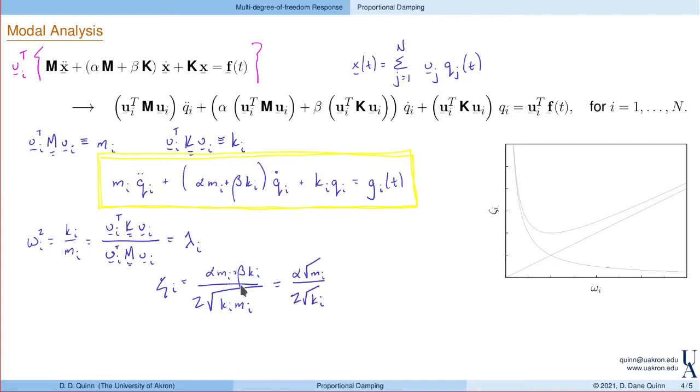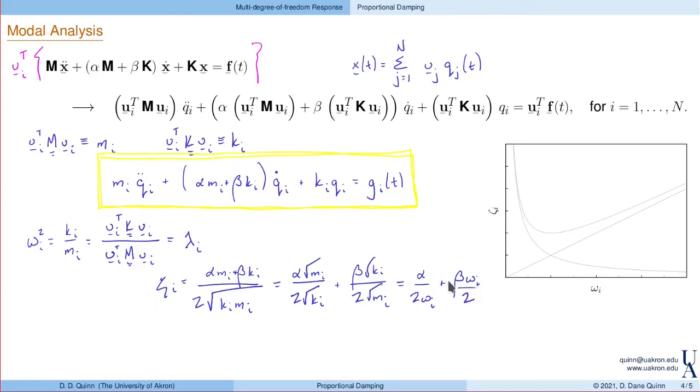So I'll just take this piece, and the square root of m on the bottom cancels out with a square root of m on the top. And then plus beta, similarly, we end up with the following. Again, square root of k over m is the modal frequency. So I can write this as alpha divided by 2 omega plus beta omega divided by 2.